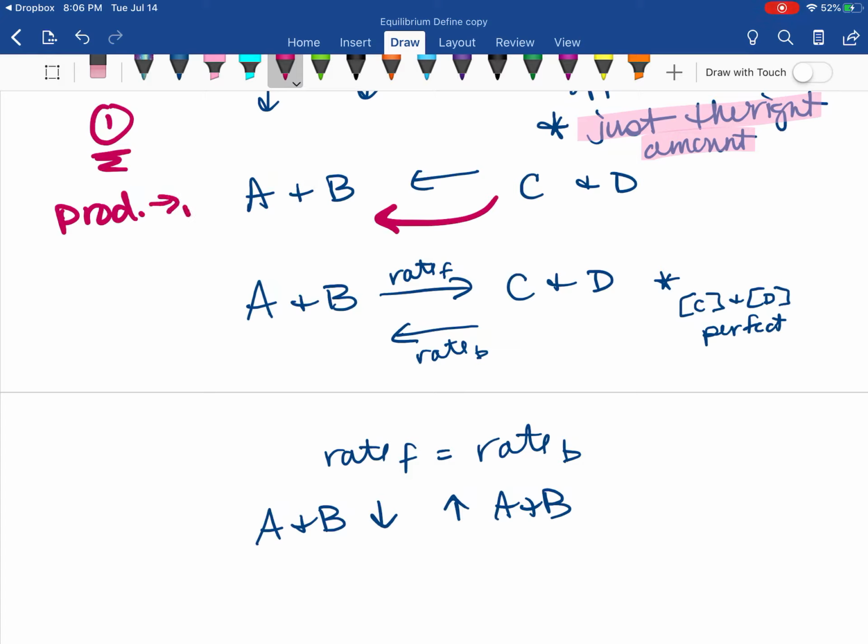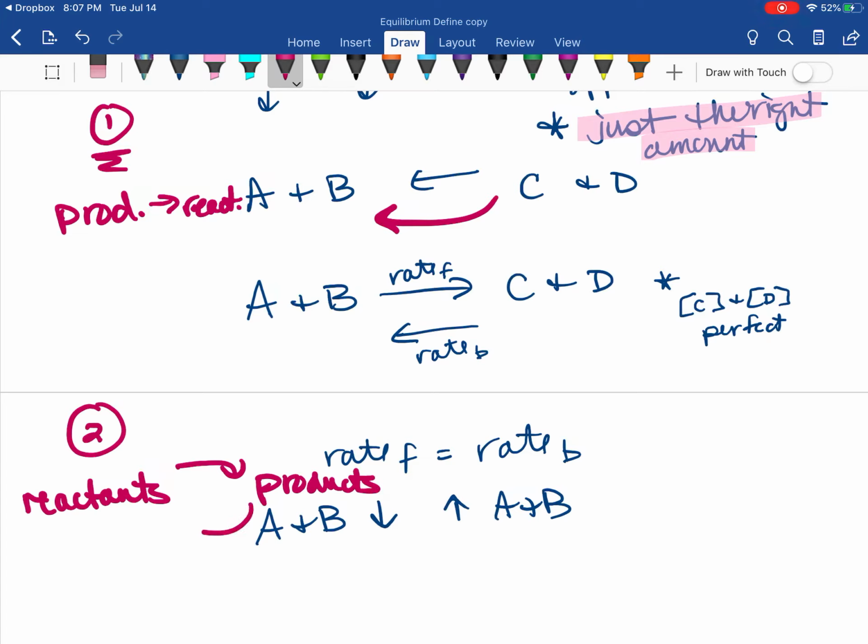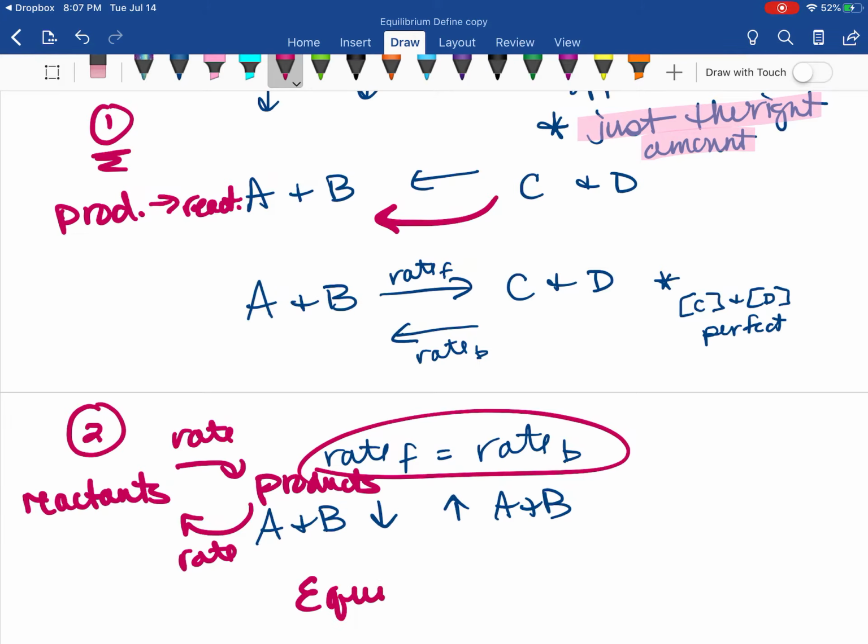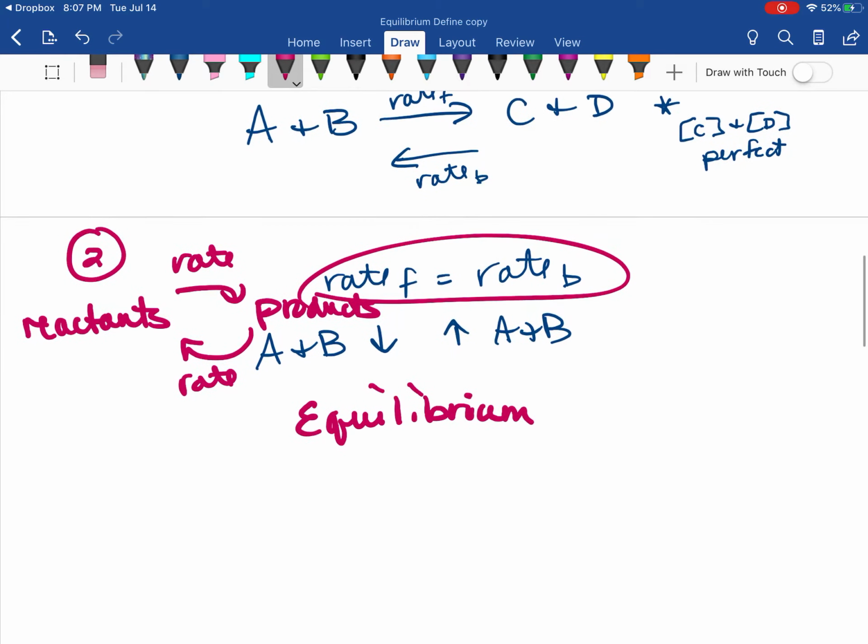So situation number one, your products can turn right around and make reactants. Okay, then we're going to add to it, what if the rate of your reactants forming products was the same as products forming reactants? So these rates now are equal. Holy cow, this is equilibrium.